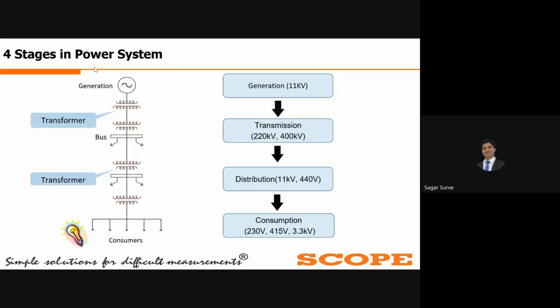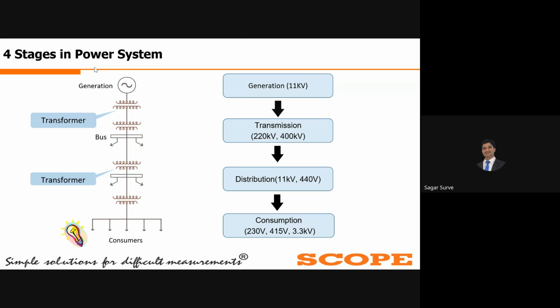So starting with the basics of the power system. As you all know, the power system is divided into three main parts: first is generation, then transmission and distribution. Generally in our country, in India, we have generation at very low voltage levels like 11 kV, 6.6 kV, 3.3 kV, and at the other end, the consumer end, we have the users.